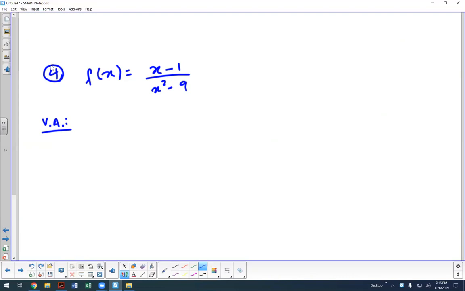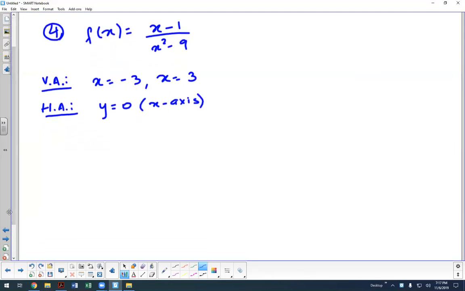Yeah, it was at x equals -3 and +3. So those would be 2 vertical asymptotes. This guy had a horizontal, obviously because the degree of the numerator is less than the degree of the denominator. Where was our horizontal asymptote for this guy? Y equals 0, which is of course the x-axis.